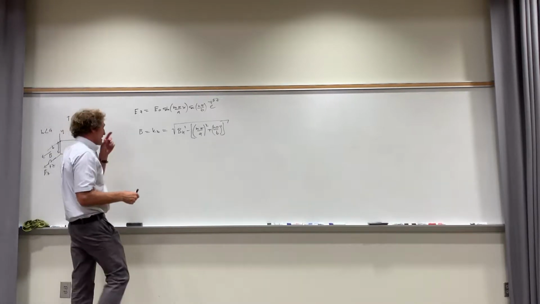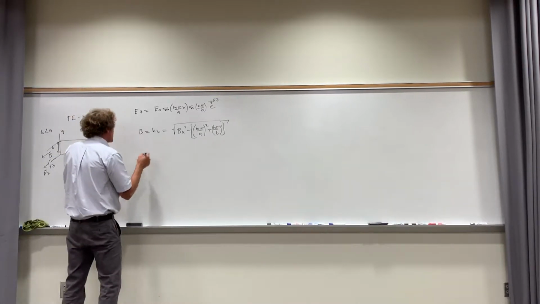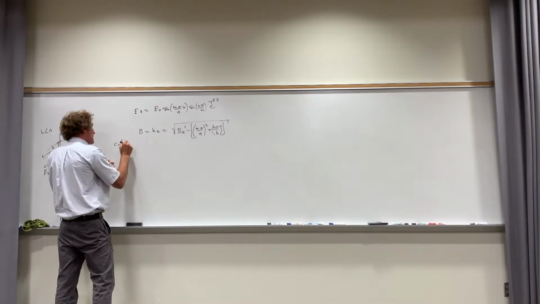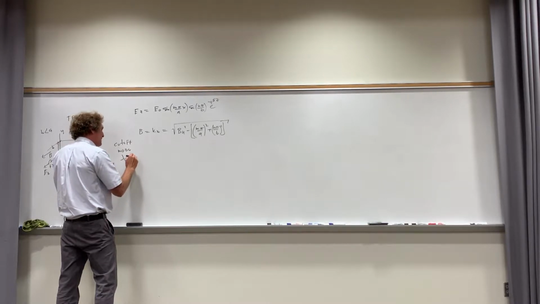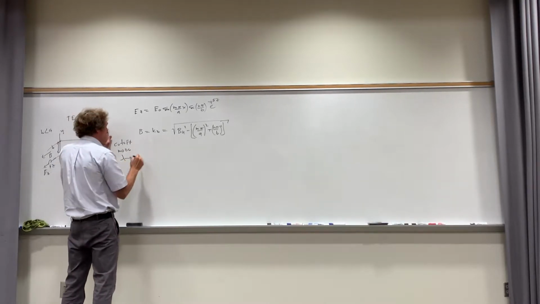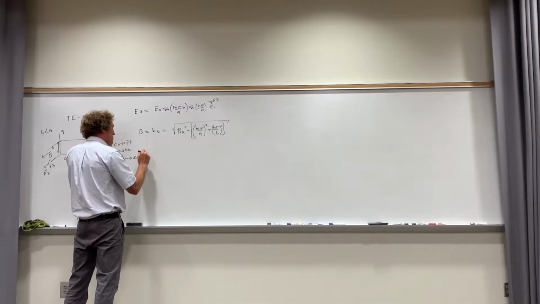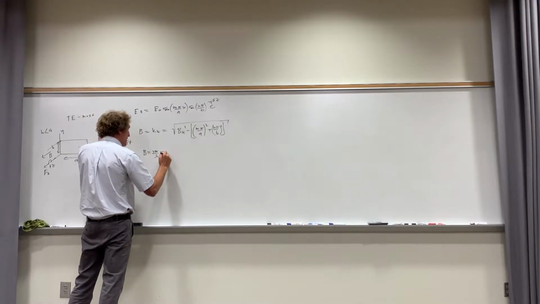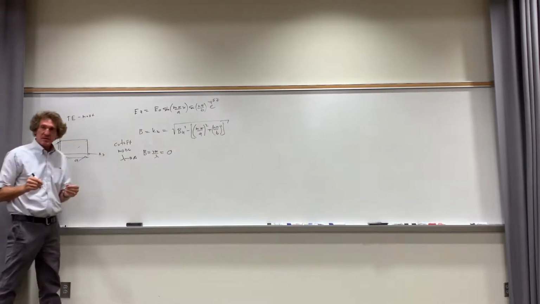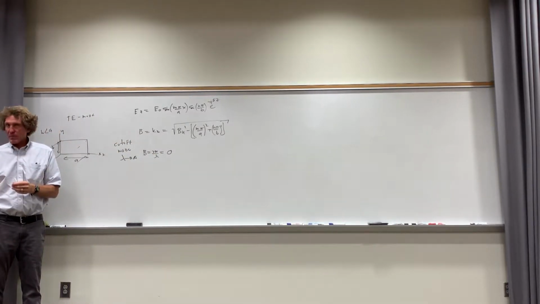Then if I take a look at what is the cutoff mode, and that is when the wavelength goes to infinity. Well, since beta is equal to 2 pi over the wavelength, that means beta would go to 0, correct, class? I want to develop this one more time. Do y'all remember this, class?